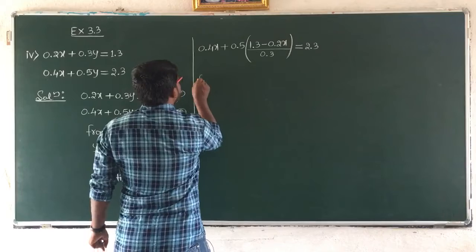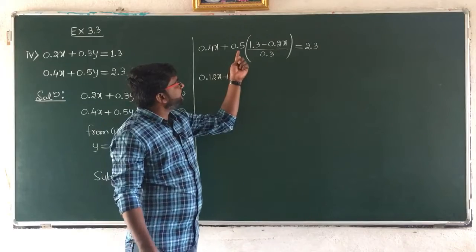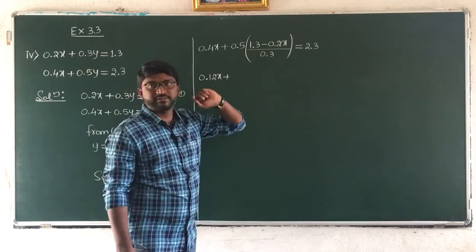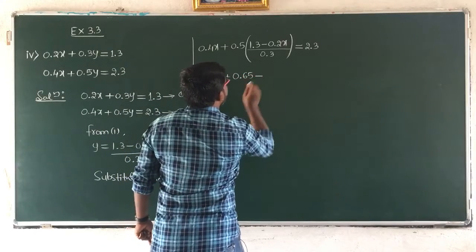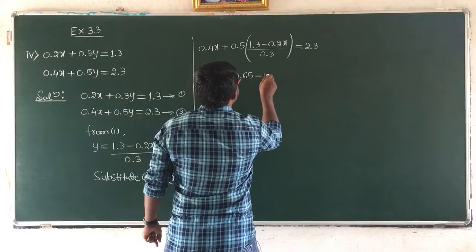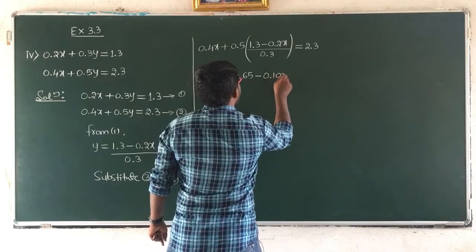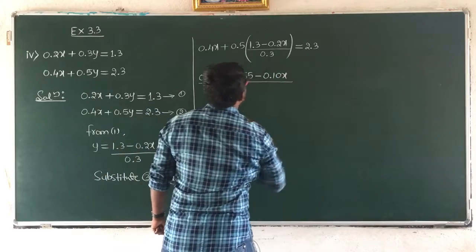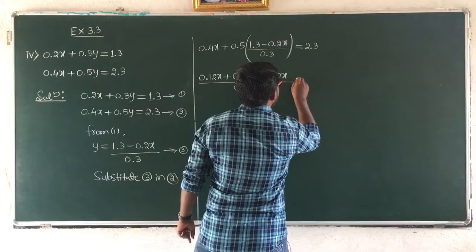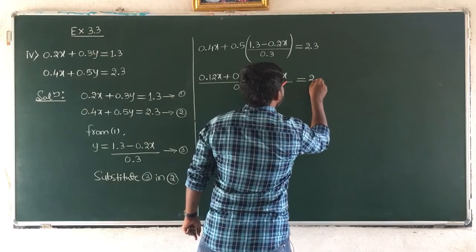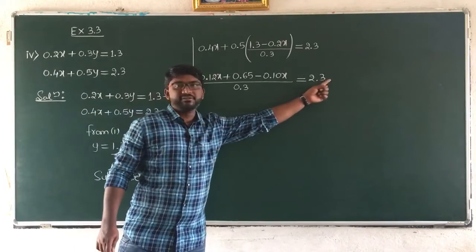So we get 0.12x plus, at the same time we multiply 0.5 with these two terms, 0.65 minus 0.10x, then whole divided by 0.3, which equals 2.3. Then you take this to the RHS, it will be multiplied with 2.3.